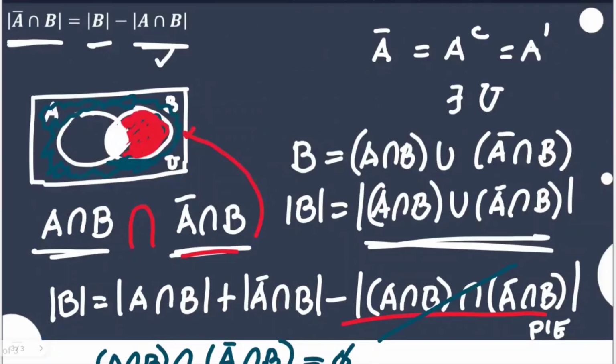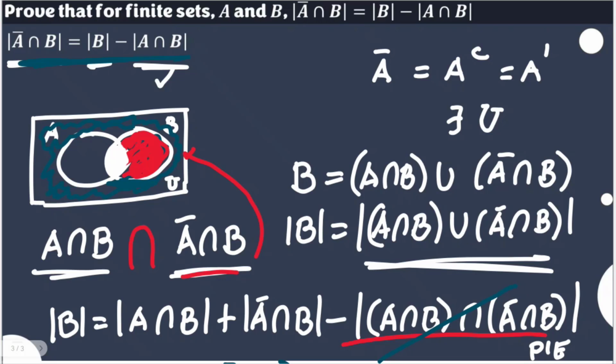The cardinality of the intersection of A complement and B is equal to the cardinality of B less the cardinality of A intersection B. As mentioned, I'm going to present two proofs. That's the first proof, very detailed with regards to the Venn diagram.